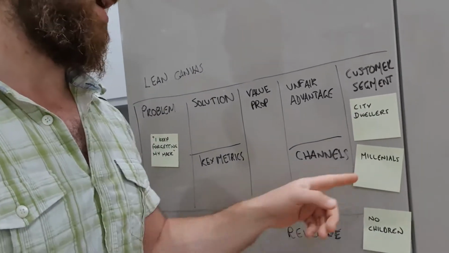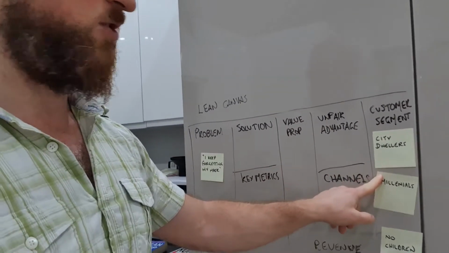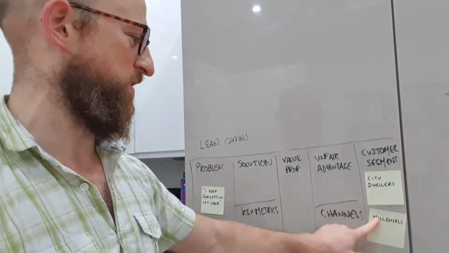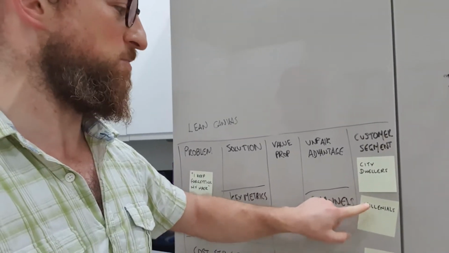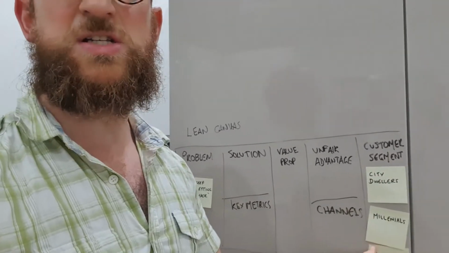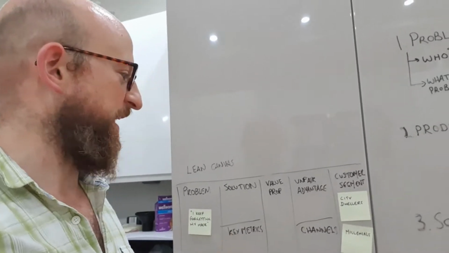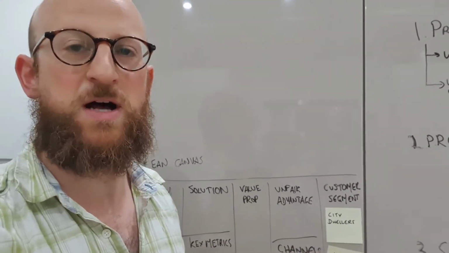It'll be easier for me to market and talk to them. Also, millennials are sort of forgetful and God, we're so caught up in our Instagrams and our blogs and our Nintendos that we don't do responsible things like remembering your mask. So I think maybe millennials and people with no children, because I reckon that part of getting your children ready to leave the house probably involves putting a mask on them and therefore putting a mask on yourself.